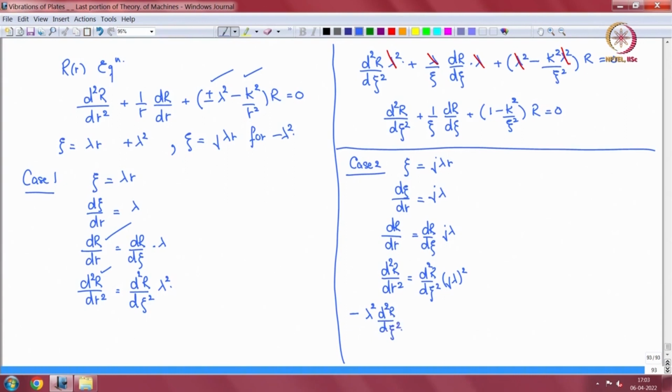Then we have 1 over r is equal to j lambda by xi.